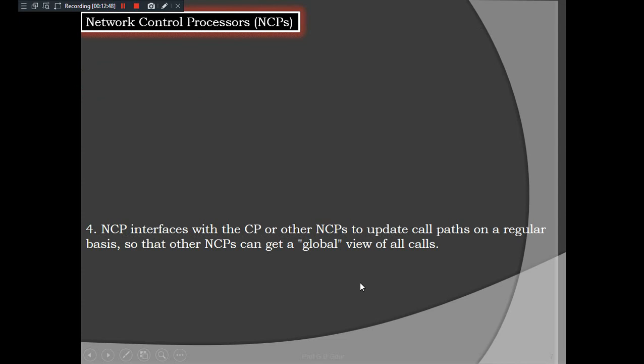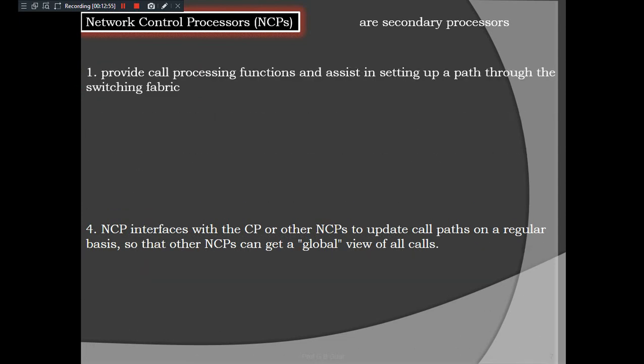So next we will come across NCPs, which are already explained, known as secondary processors. They provide call processing functions and help in setting up the path through the switching fabric. Okay, this we already studied in detail. Similar explanation we can add here. In part 2 of this module 5, most of these things you already learned.